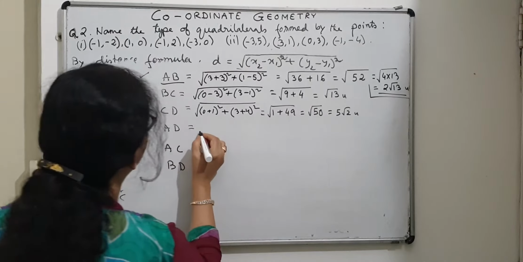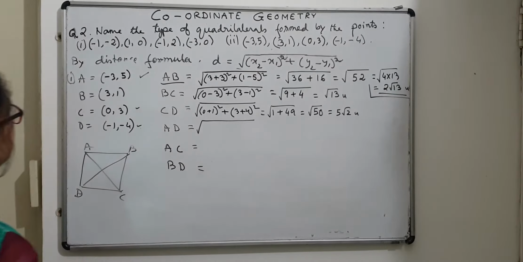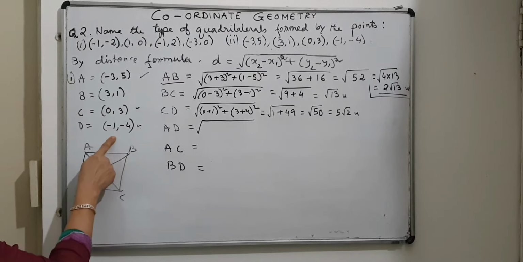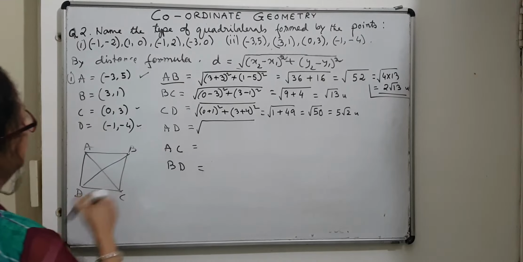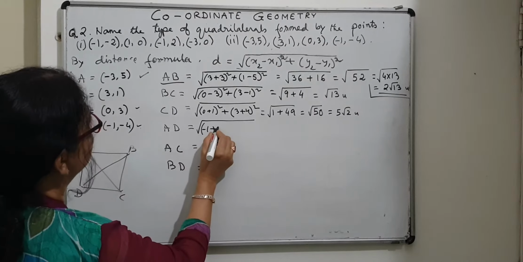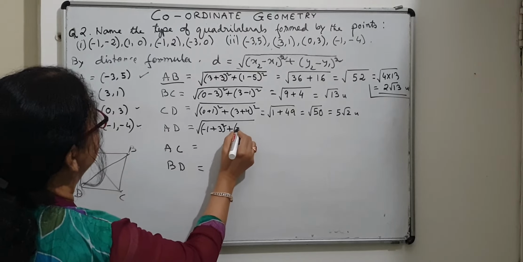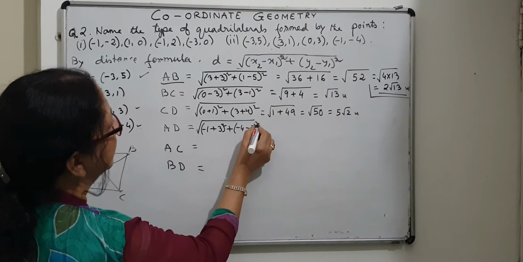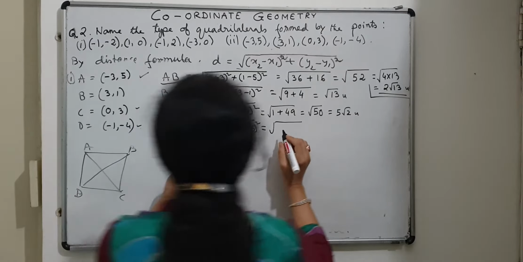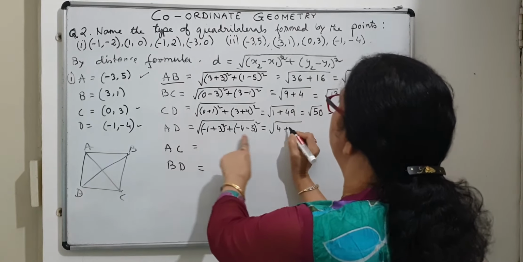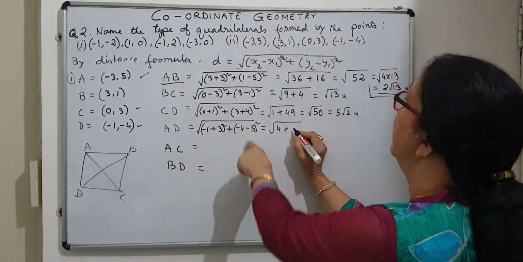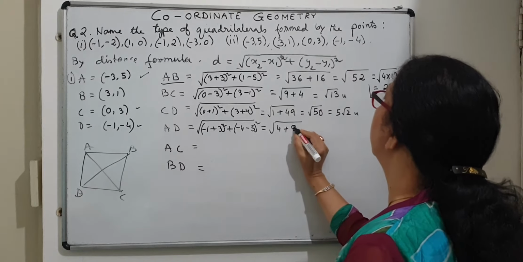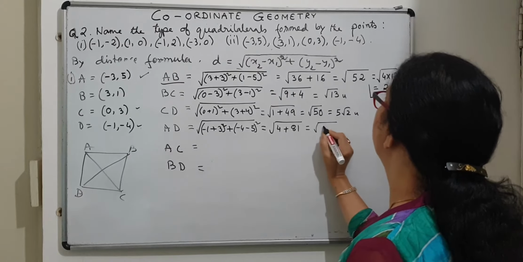Then AD under root, this and this. So 1 minus 3, minus 1 plus 3 whole square plus minus 4 minus 5 whole square. So it is like this: 4 plus 81, under root 85.